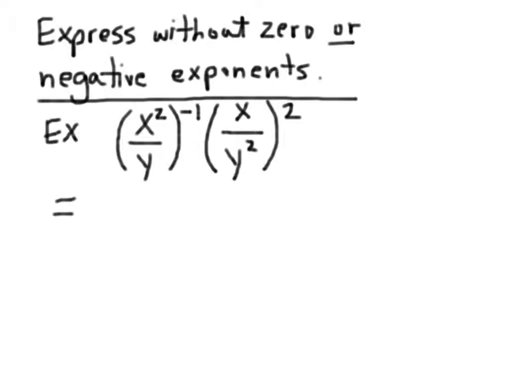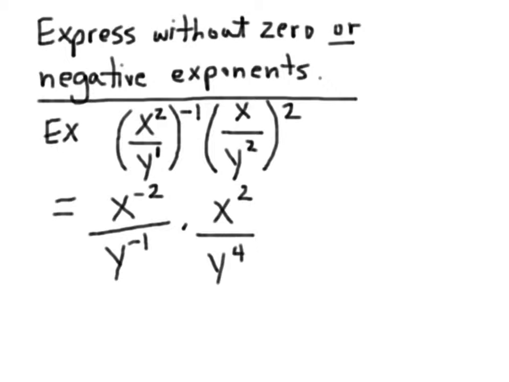So remember, when you do a power to a power, we are going to multiply. So that gives us x to the negative 2 over y to the negative 1, because this y has an understood 1 right there, and we're multiplying. The next one, x to the positive 2 over y to the 4th, 2 times 2.